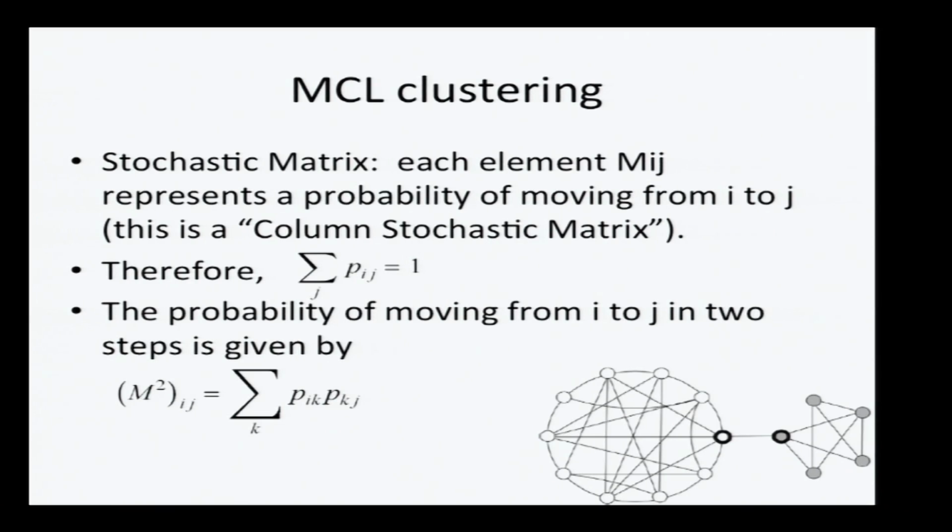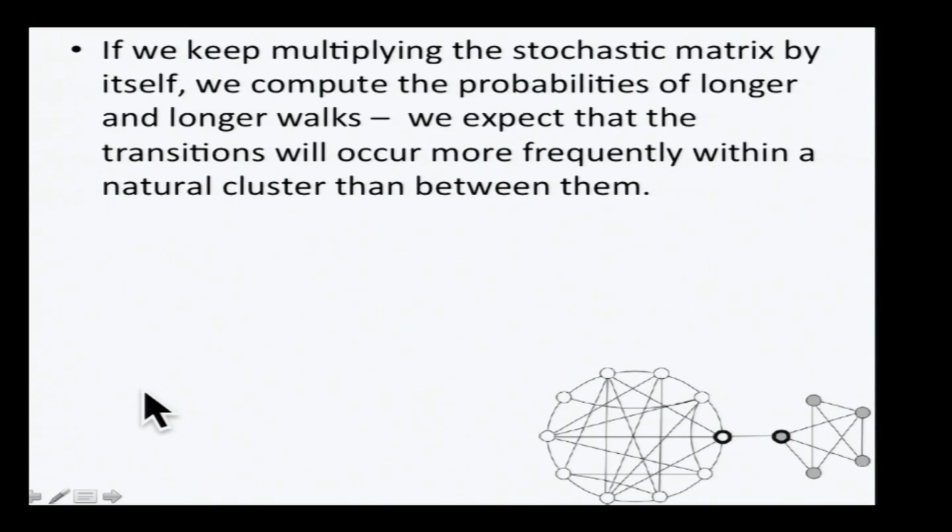I have to end up somewhere. I either end up back in myself or end up at some other node. So I'm just going to take that adjacency matrix and normalize the columns. And then that gives me the stochastic matrix. Then I can exponentiate the stochastic matrix to figure out my probability of moving from any node to any other in a certain number of steps. Any questions on that?